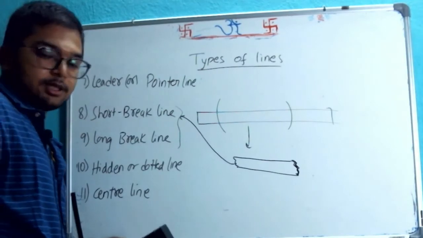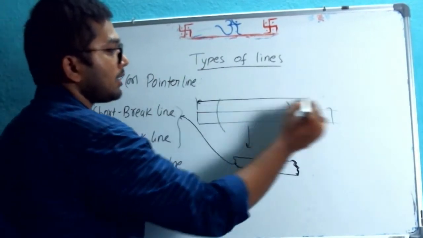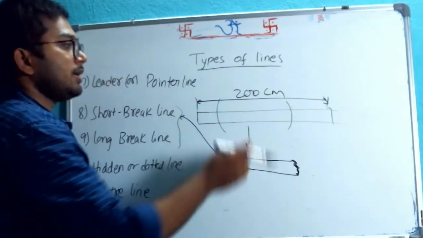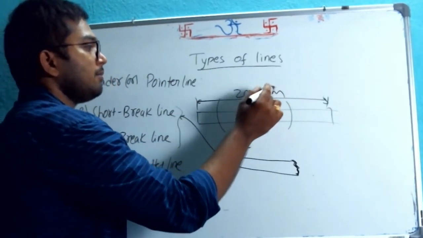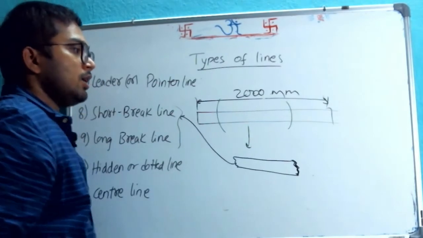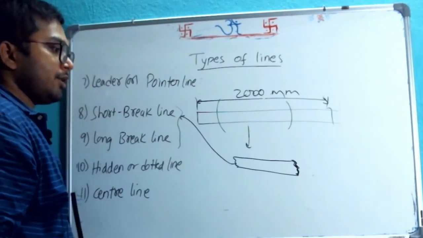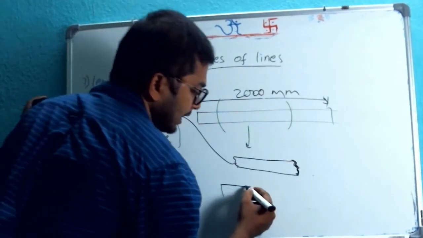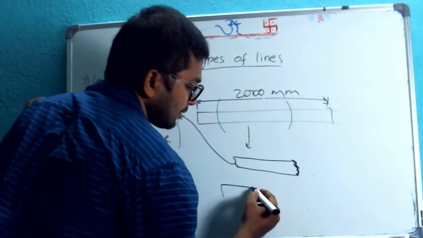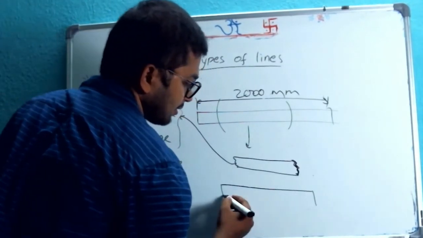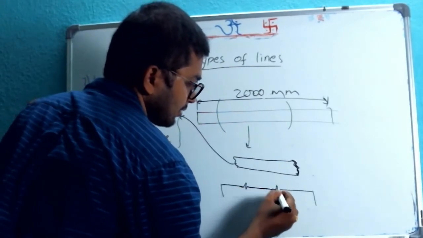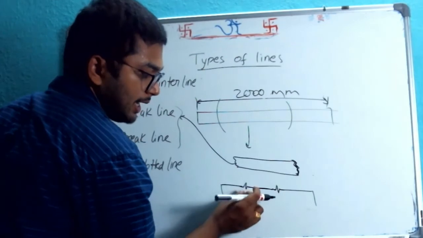Say in diagrams, this is some 200 centimeters, that means 2000 mm, very long. In the drawing sheet, we don't want to waste that much of space. What we can do, at the end line, we can have some waves intermittently.